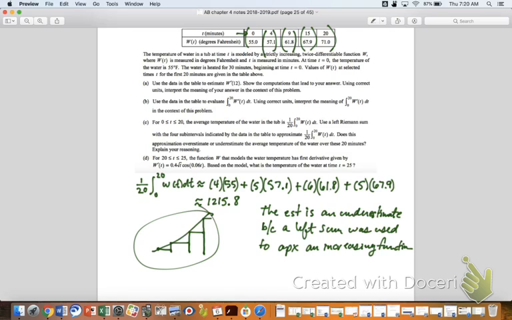So just a picture is not really a rigorous justification, but a statement like that off to the right is a rigorous reason for why the estimate is actually an underestimate.